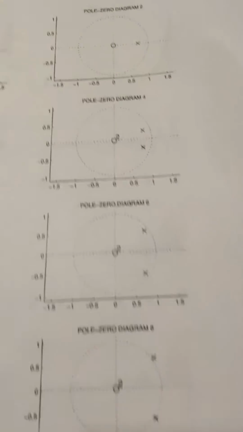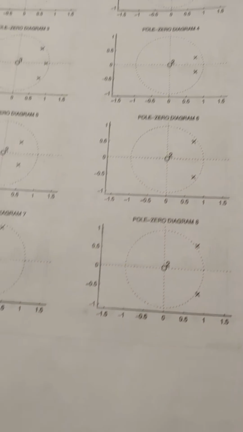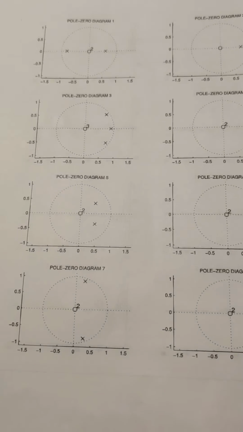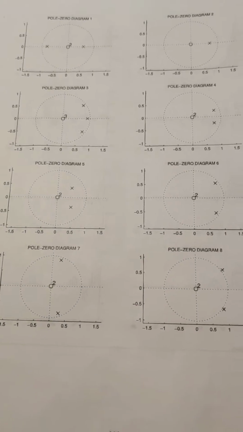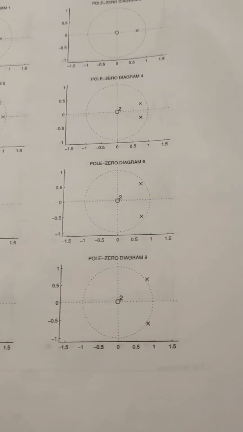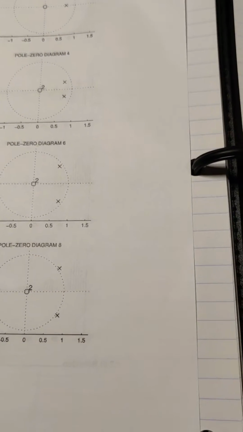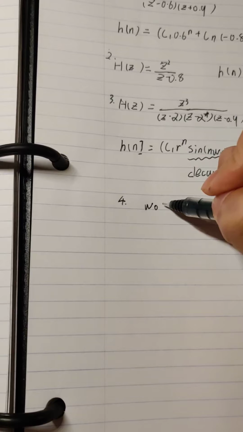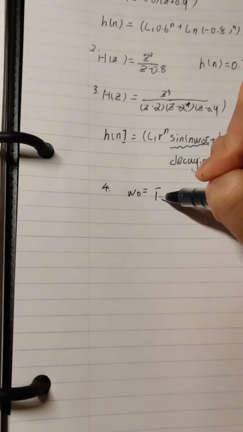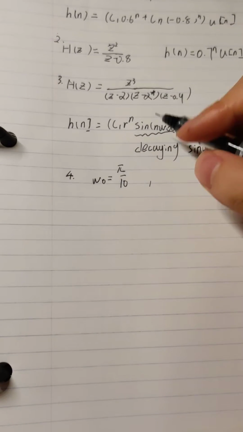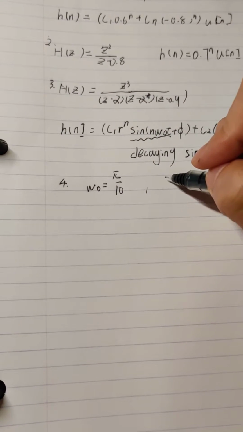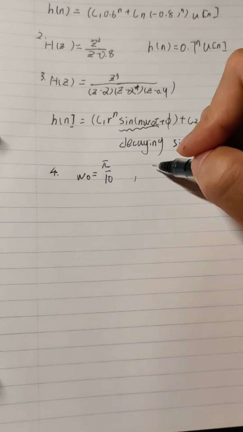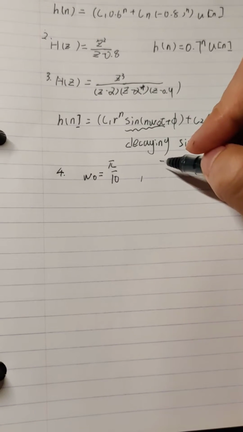Now we go to diagram 4. In diagram 4, the W0 is likely to be pi divided by 10. So we can calculate the time for one circle.